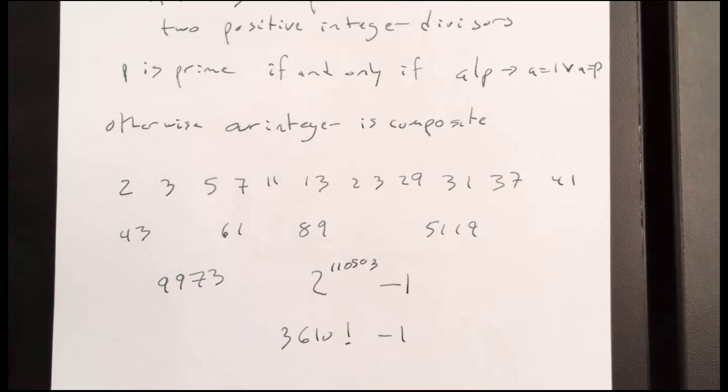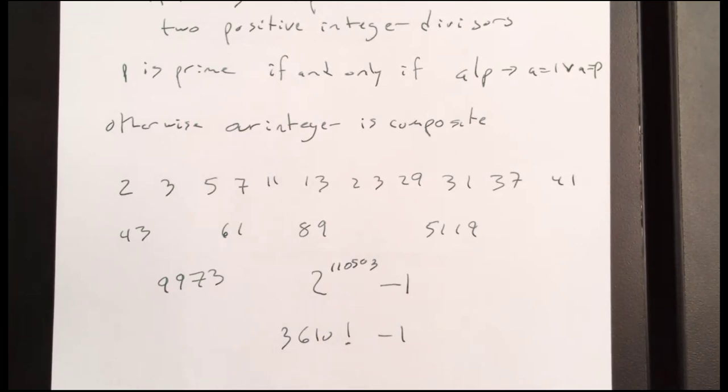2, 3, 5, 7, 11, 13, 23, 29, 31, 37, 41, 43, 61, 89, 5,119, 9,973. 2 to the 110,503 power, minus 1. Otherwise, it would be divisible by 2. 3,610 factorial, minus 1.